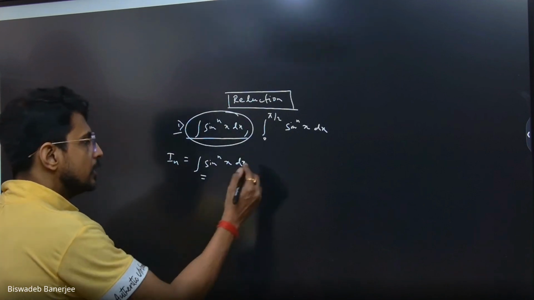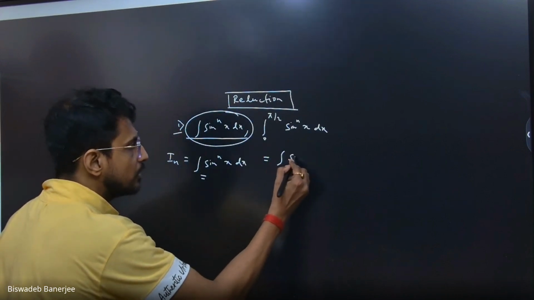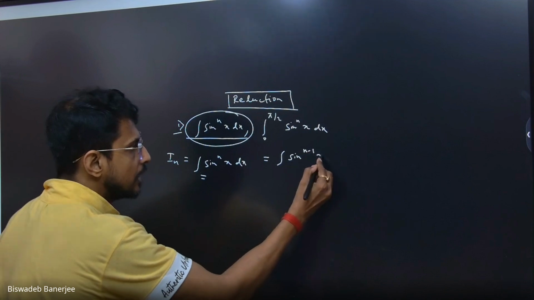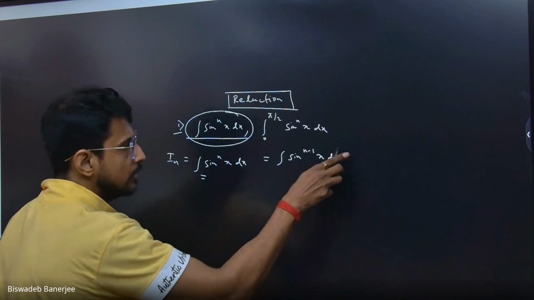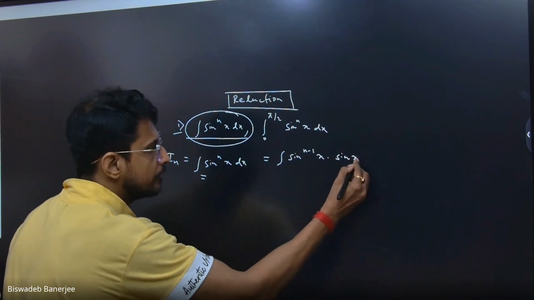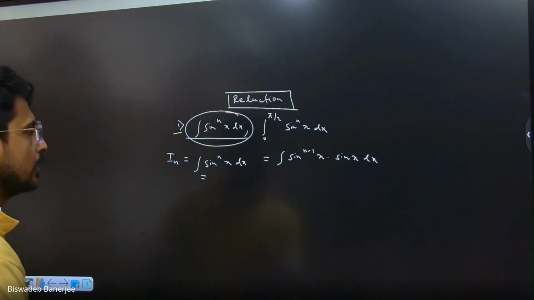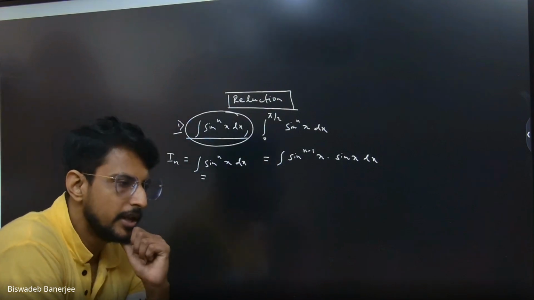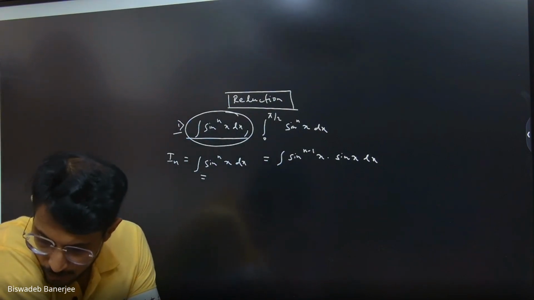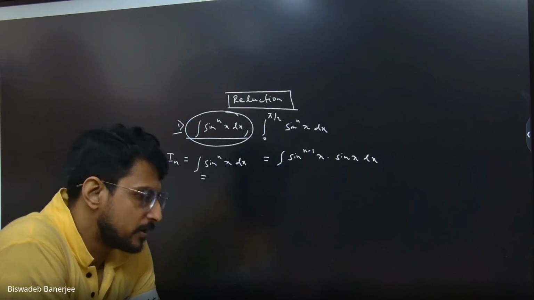Now, there is an application of by parts. At first, write down this integration like this: sine to the power n minus 1 x into sine x. Obviously, we can write this by laws of indices. Sine to the power n x can be written as sine to the power n minus 1 x, then sine x dx. Now, we shall apply the by parts method.